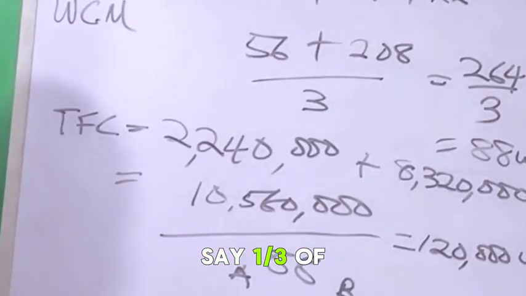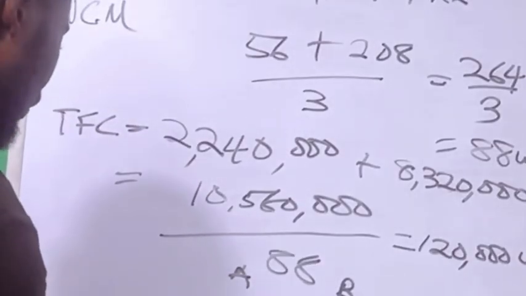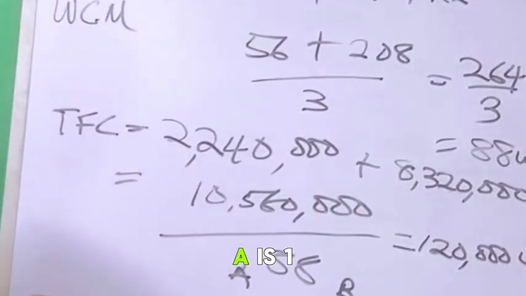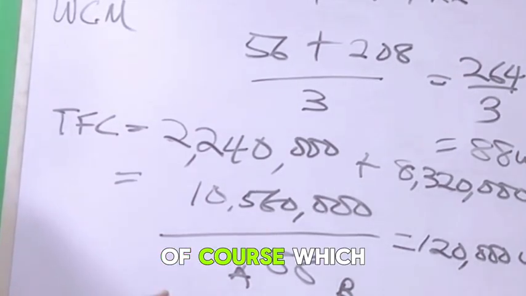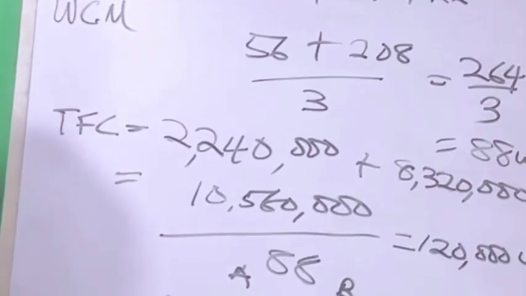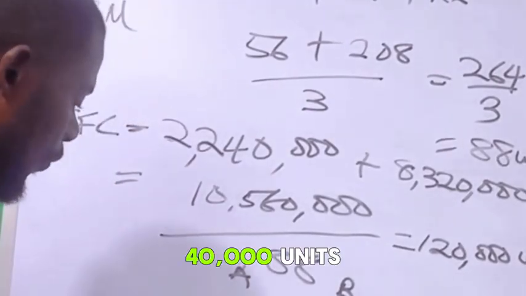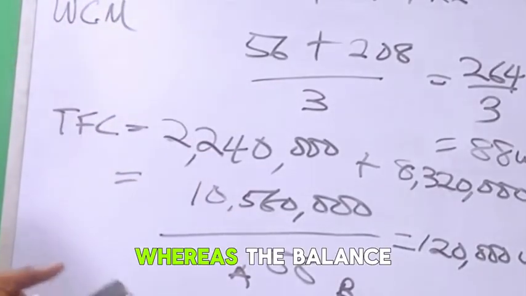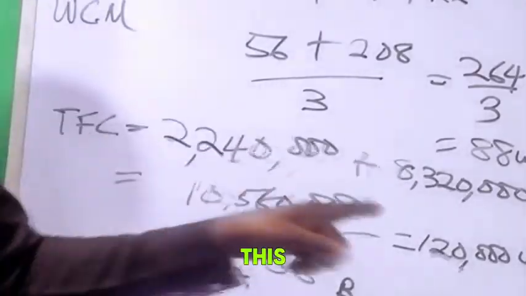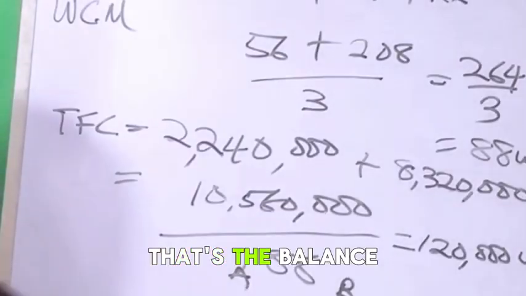So 1/3 of 120,000 for A is 120,000 times 1 divided by 3. That will give us 40,000 units. Whereas for the balance, there are two ways to do this. You can say 120,000 less 40,000. That will give you 80,000. That's the balance for B.